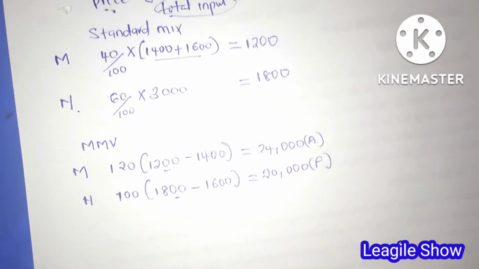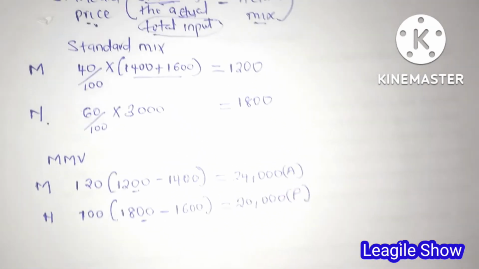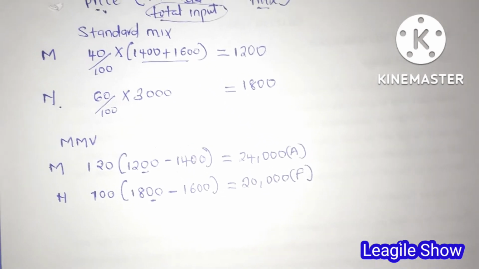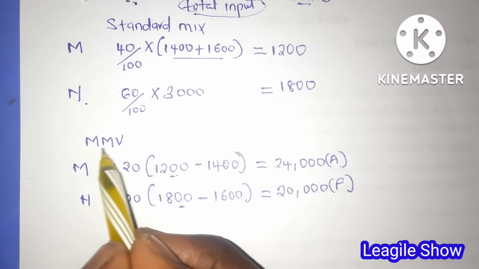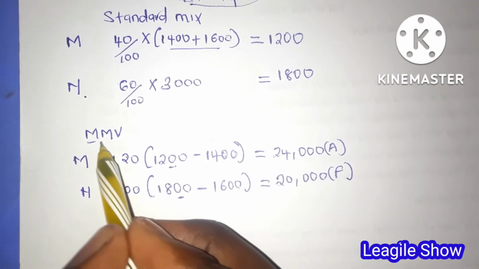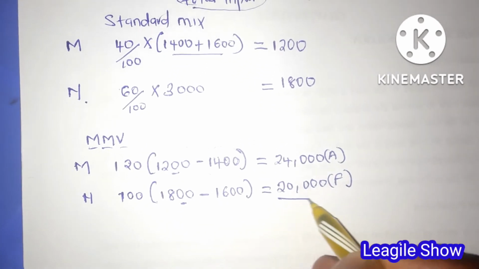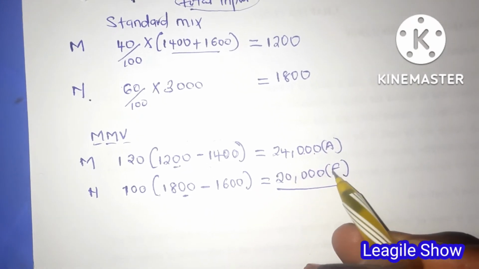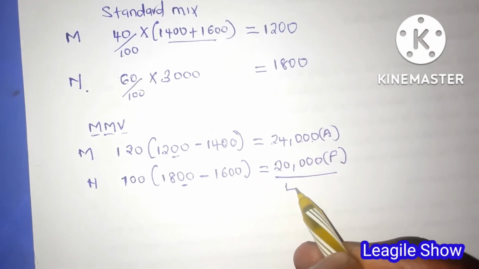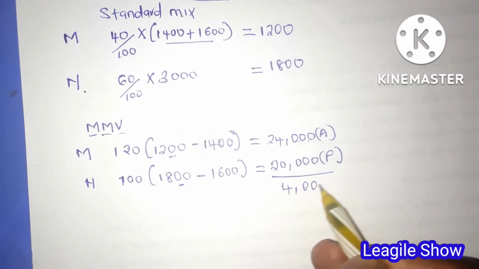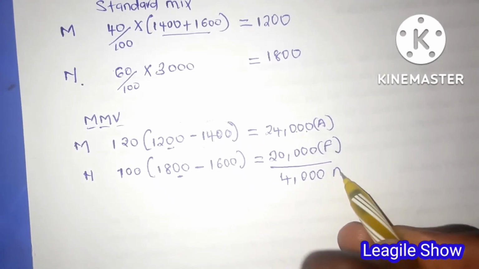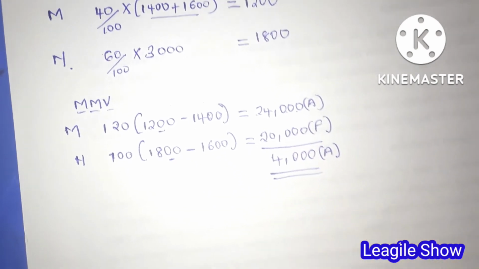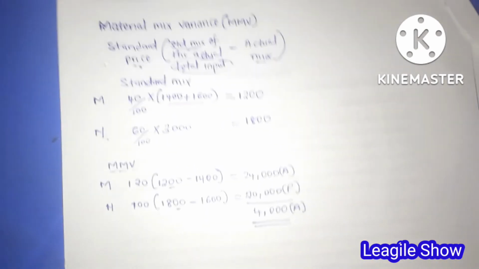If you check here, the actual value is less than the standard mix. So what is our overall material mix variance? By adding the two, 24,000 adverse and 20,000 favorable, we are going to have the answer to be 4,000, which is still adverse. And that becomes the final answer for this question.